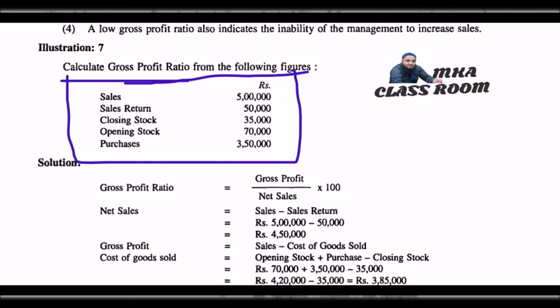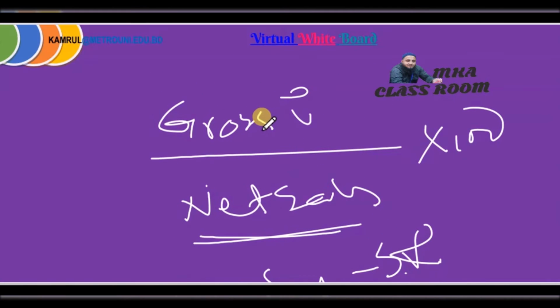Now here is another thing, cost of goods sold. The gross profit is not given here. The formula is gross profit divided by net sales.